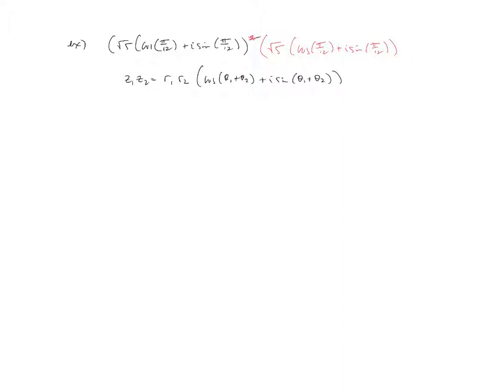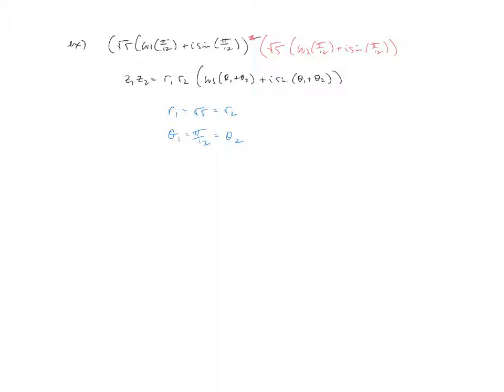In this example, our r1 is root 5, which is also equal to r2, and our theta 1, which is pi over 12, is also equal to our theta 2. Because it's the base multiplied by itself twice, r1, r2, theta 1, and theta 2 are all the same.